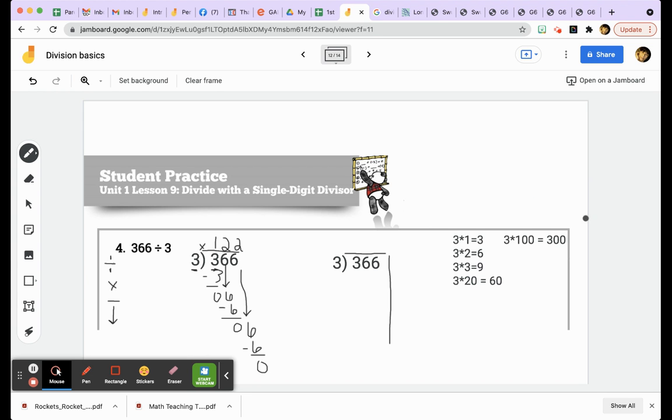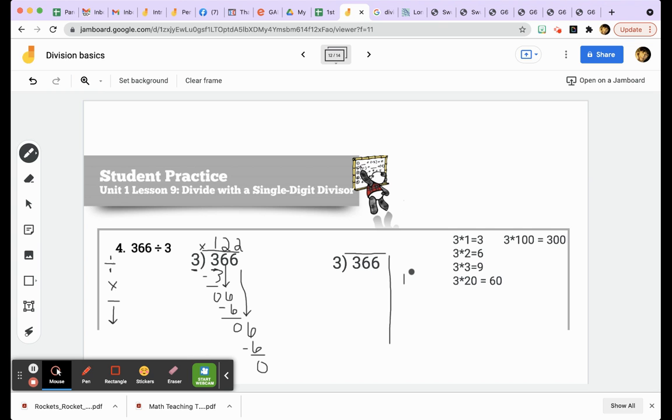Well, now let's look at the area model. And I want to find the closest product to 366 that I can find. Well, I've got 300 here. 3 times 100 is 300.